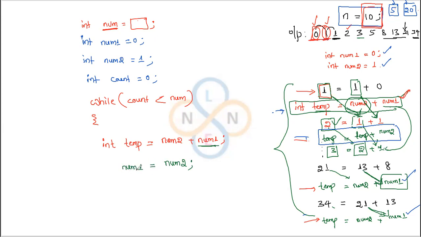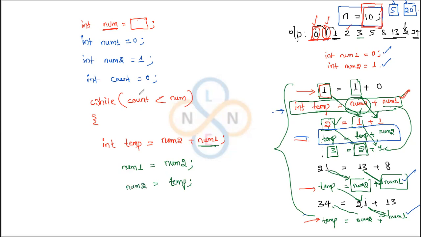Next step, which value to be assigned to num2? So here previous temp is becoming num2. So that's why temp value we have to assign to num2.